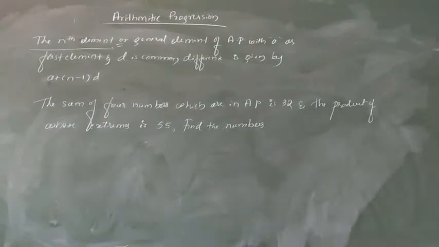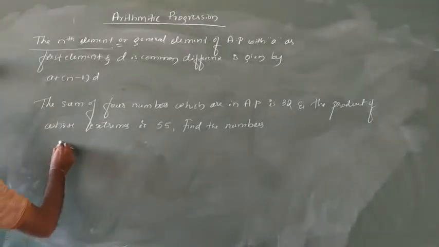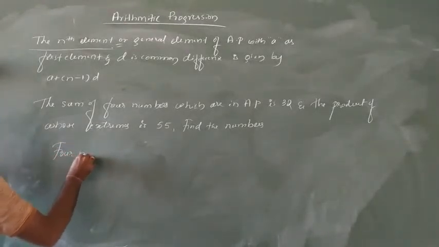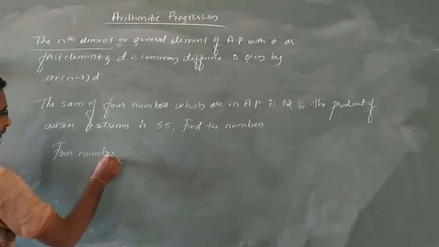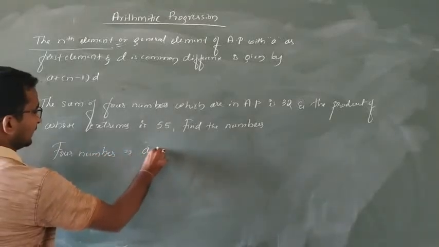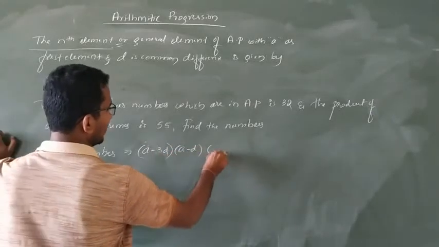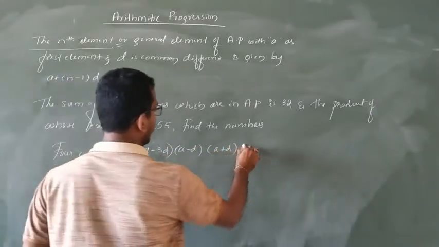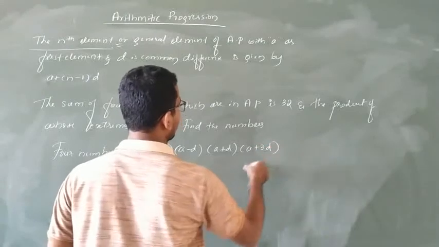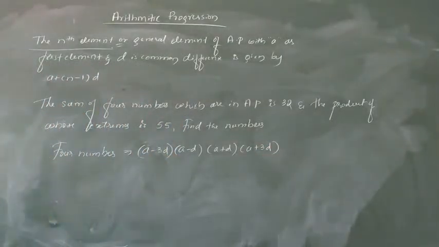Here I will give you the four numbers and you have to solve on the basis of the previous example. The four numbers we have to take as a minus 3d, a minus d, a plus d and a plus 3d. These are the four numbers you have to take on the basis of the previous example. You have to try this one.